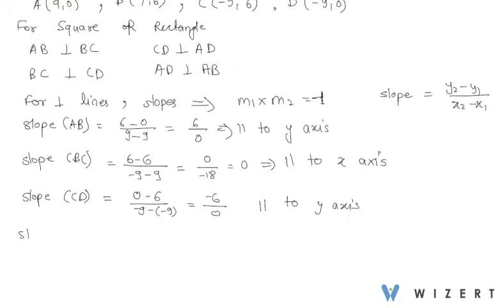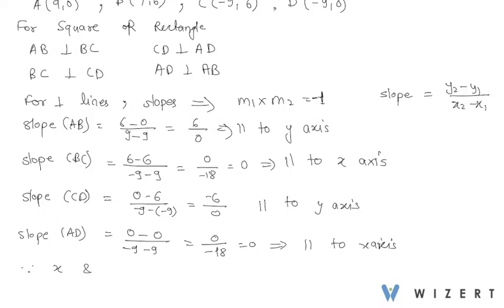And slope of AD is (0 minus 0) divided by (-9 minus 9), again 0 divided by -18, equal to 0, which means this line is parallel to the x-axis.